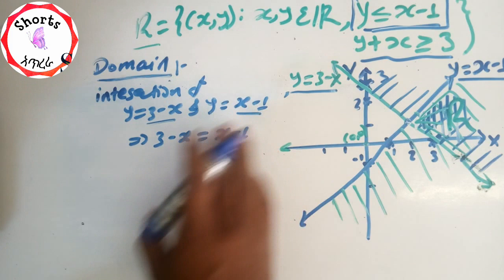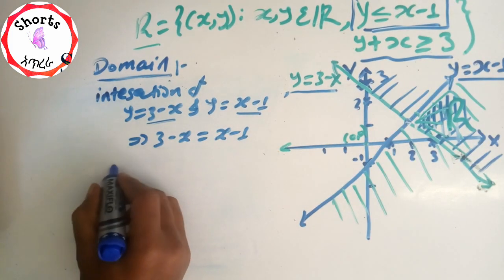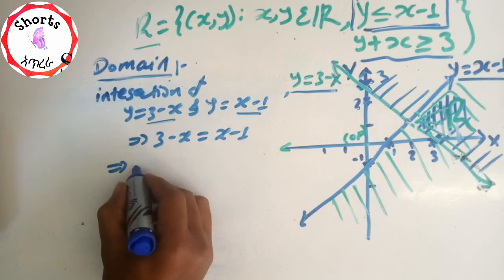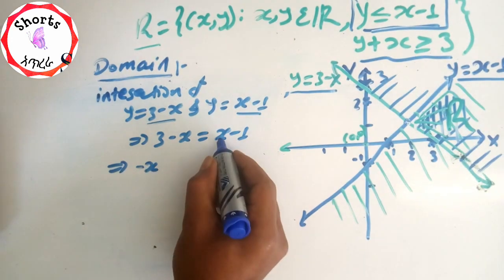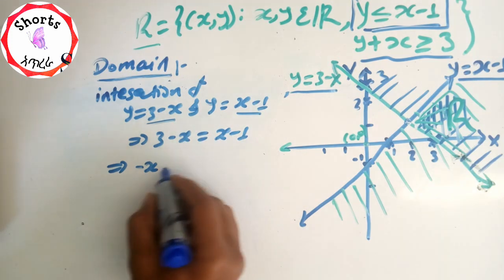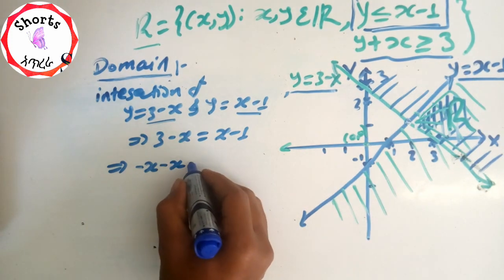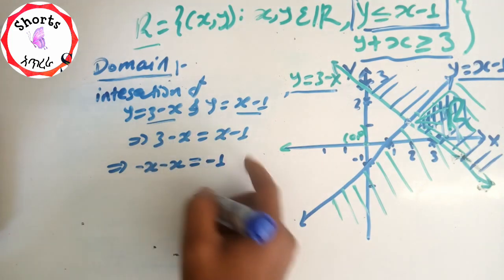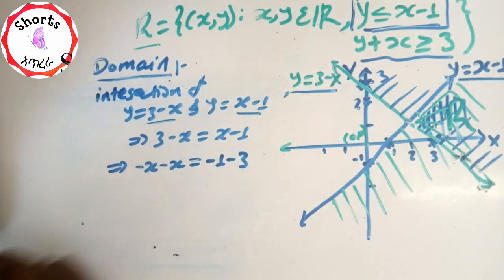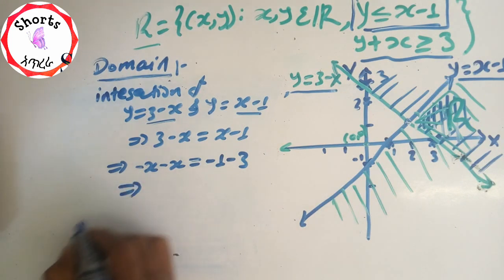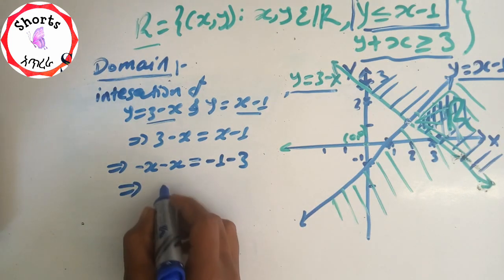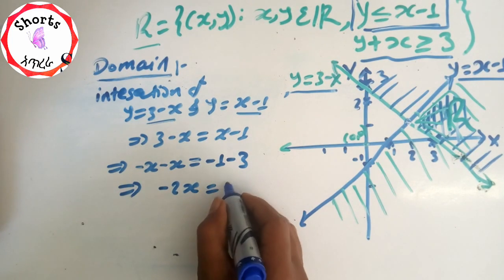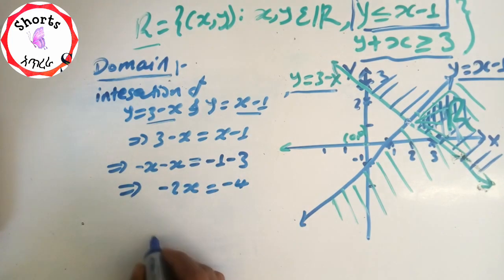How do we find the intersection? Let us collect like terms. Let's collect variables to the left. We have minus x here. Subtracting x from both sides, we get minus x minus x is minus 2x, and moving the 3 to the right gives minus 1 minus 3, which is negative 4.